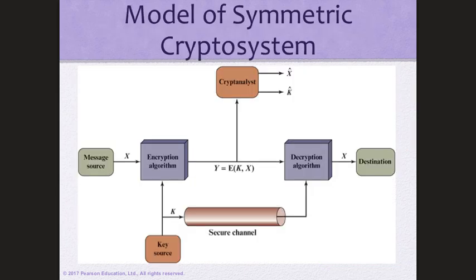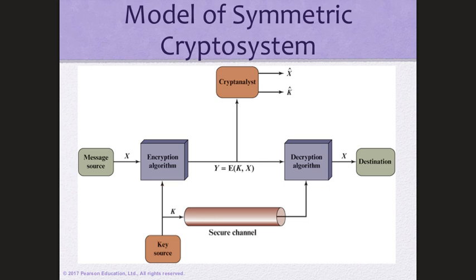Here is the more detailed system, very similar to what we discussed earlier. So we have here the plain text coming from the message source, which is X. It goes through an encryption algorithm, E, that uses the key from a particular key source. It can be either generated by the transmitter, or it can be generated by some trusted entity. And in both cases, it has to be given to both sides.